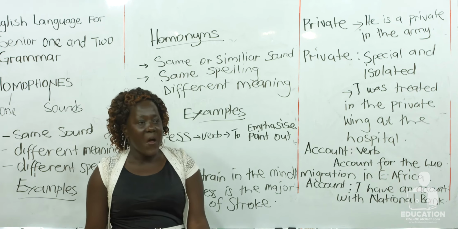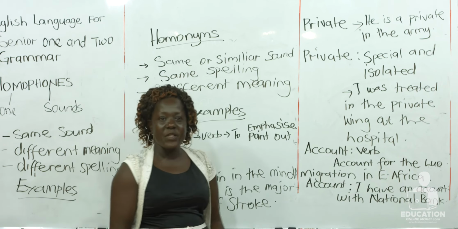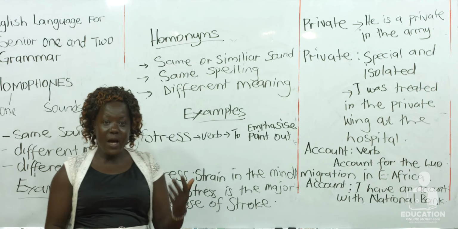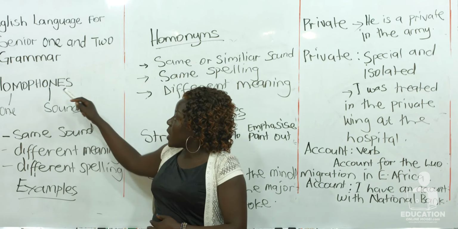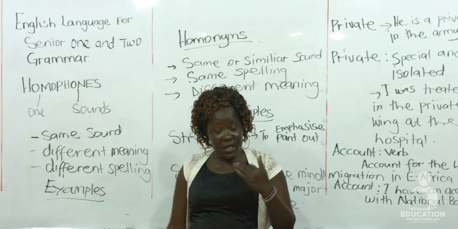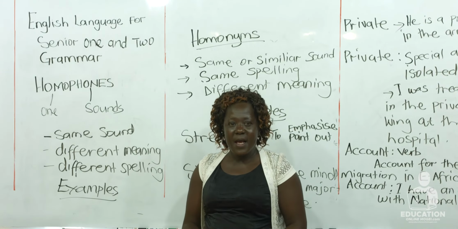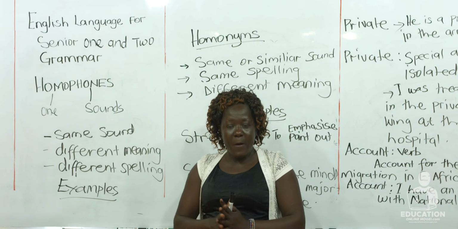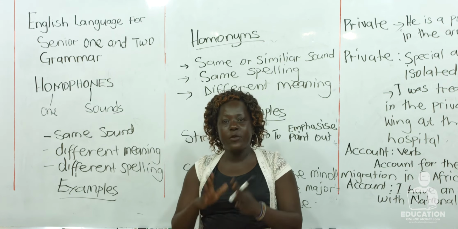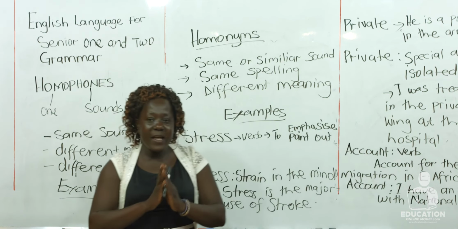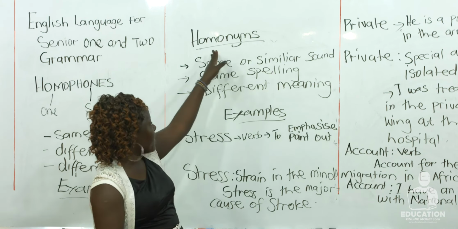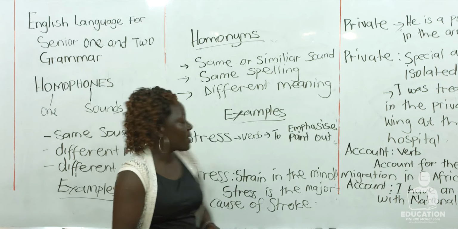Right. My dear learners, Senior 1 and 2, I believe with this lesson, if you are careful and connect it to our previous lesson of ordinary homophones, then you have now seen the difference. Let us stop here for today, but let me leave you with this formula. When you are looking at ordinary homophones, which are not homonyms, this is the trick.